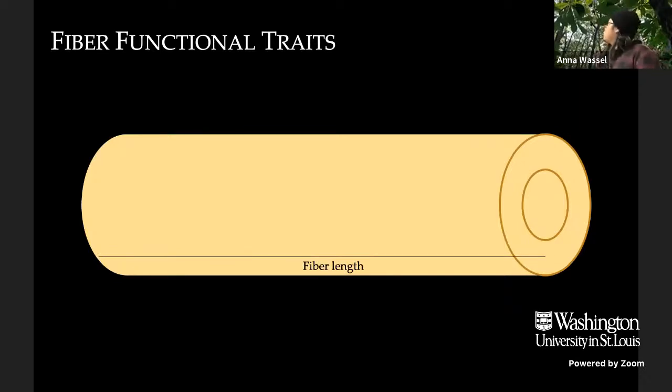So we can actually measure these qualities or functional traits of those fibers. And there's 4 key measurements that you can make. So these fibers are made something like drinking straws. You can measure the length, the diameter of the hole in the middle, the lumen, and then the thickness of the cell wall. And from this, we have kind of a 4-dimensional space. So keep that in the back of your head, right?